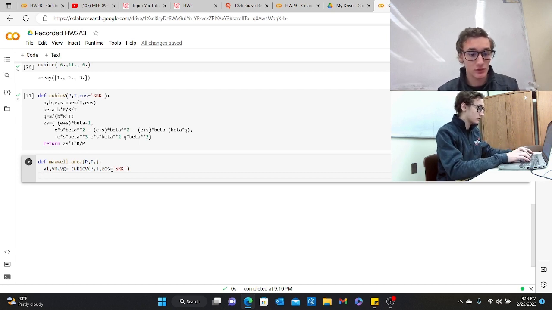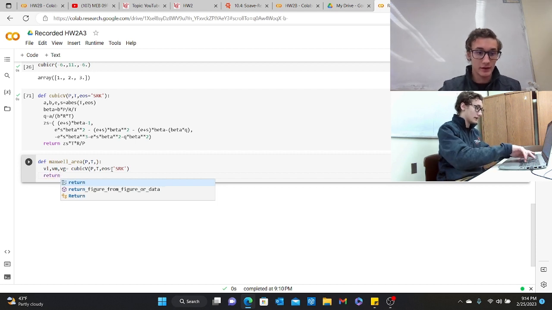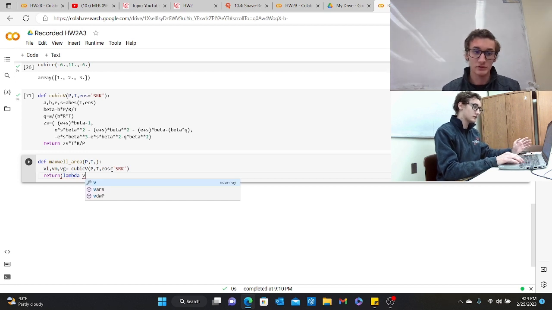So we would do, let's see, oh yeah, we would return, if I could spell. And we would do lambda, which is a way of having a function without actually using it.